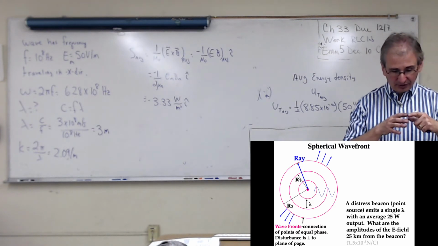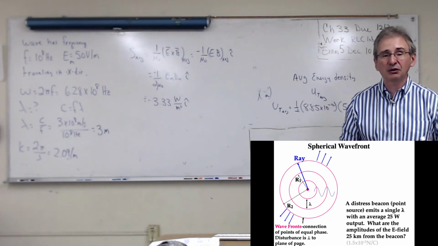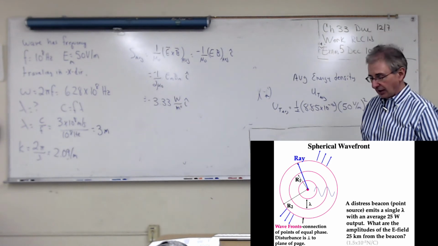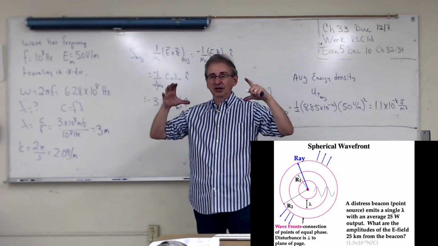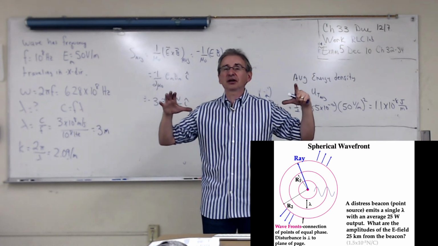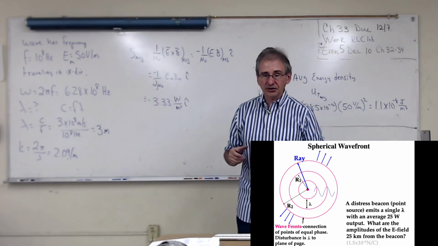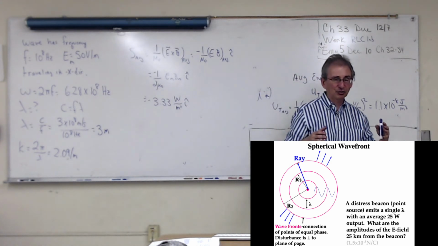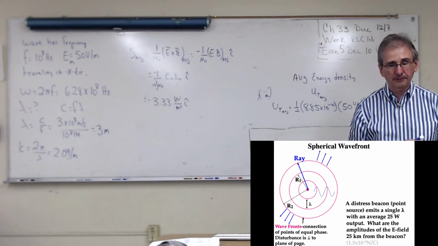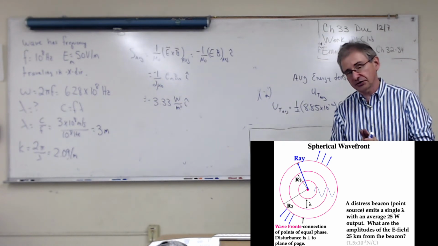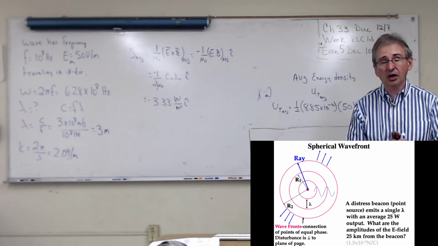The spheres get bigger and bigger as the wave travels outward. As you get further away from the source, the radius of the waves gets bigger and they essentially become planar. As a result, the amplitude essentially stays constant when you're really far away from the source. But when you're close to the source, the amplitude of the waves depends on 1 over r.